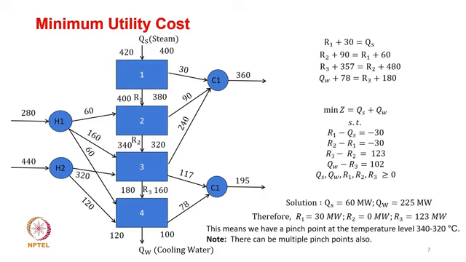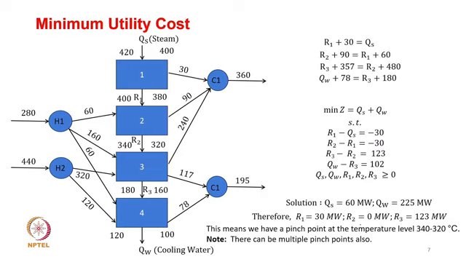Once we get that, the rest, R1 to R4, R3, could be easily found out. You substitute QS and QW over here, then you will get the corresponding R1, R2, R3.